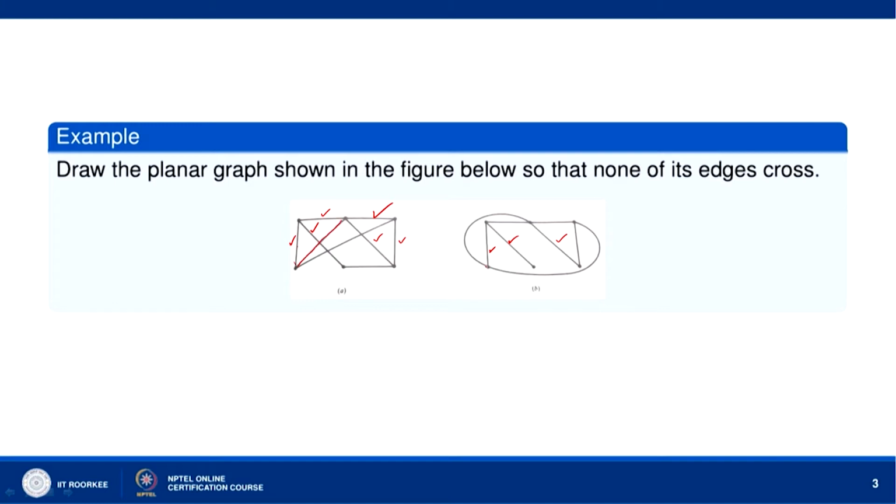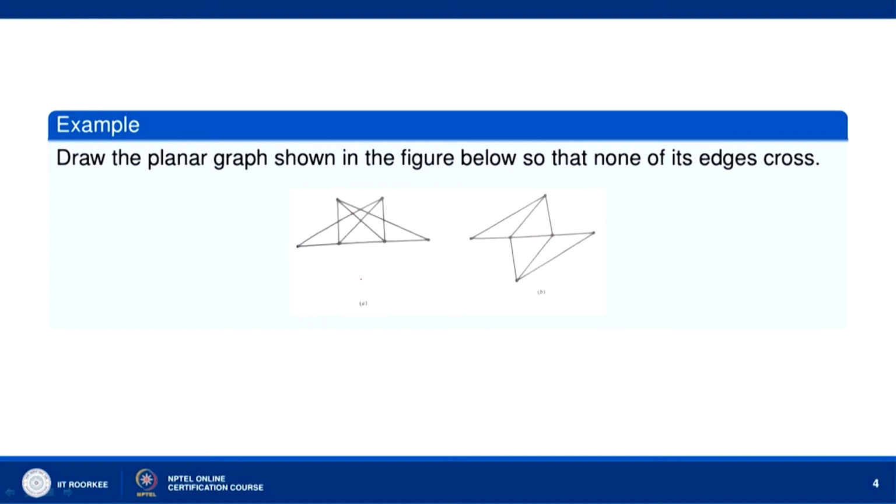This edge is like this, this is joined like this, and this edge is joined like this. Since this graph can be made in such a way that none of its edges cross, it is a planar graph.